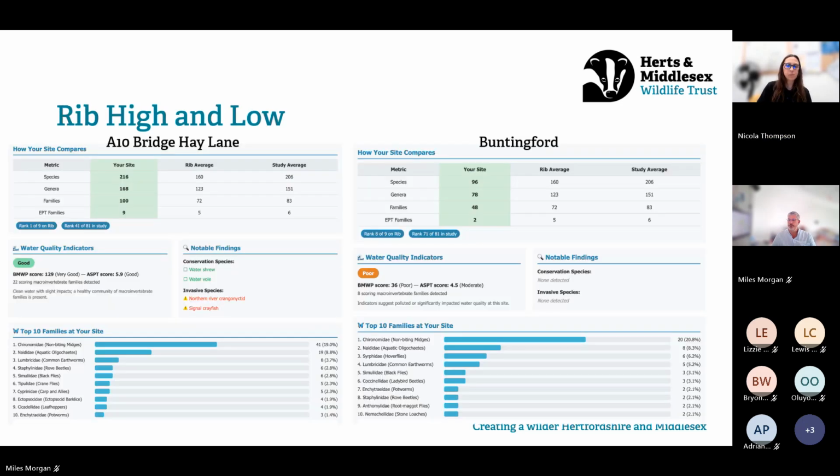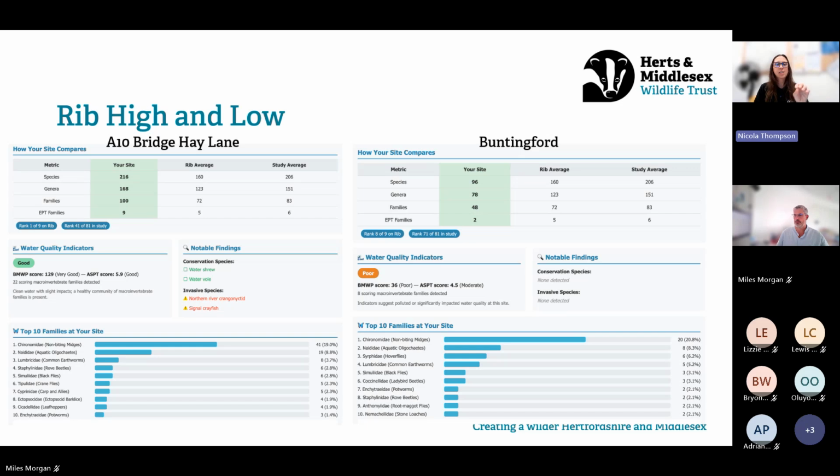Next slide, please. So another way of looking at it, on the River Rib, the top and bottom sites here, showing us our results, because we can look at the BMWP score and the ASPT scores, and also the conservation species. We're getting the conservation species and the invasive species at the high site.